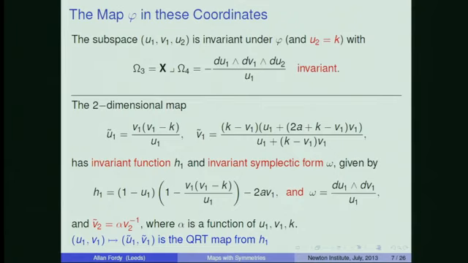So although I can't say that the original four-dimensional system was completely integrable in the Liouville sense, at least it goes into this sort of triangular structure. So you've got a two-dimensional map together with just a constant, together with a very simple evolution here.